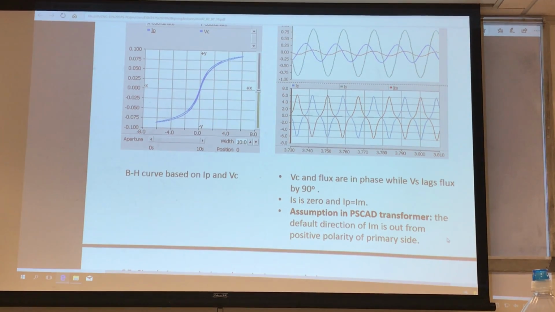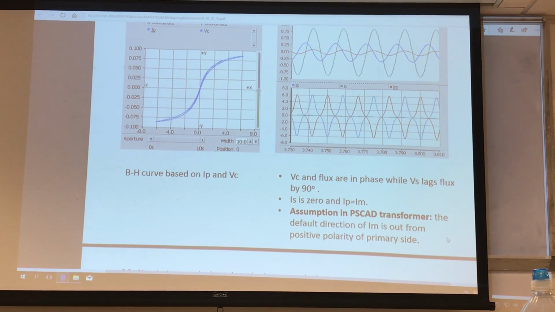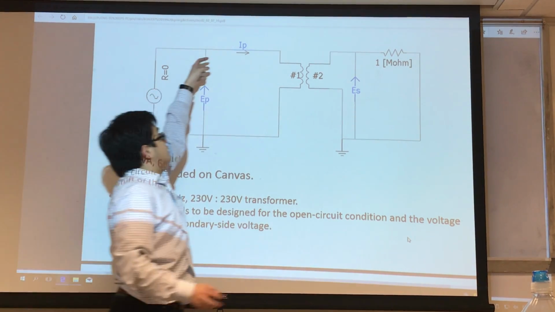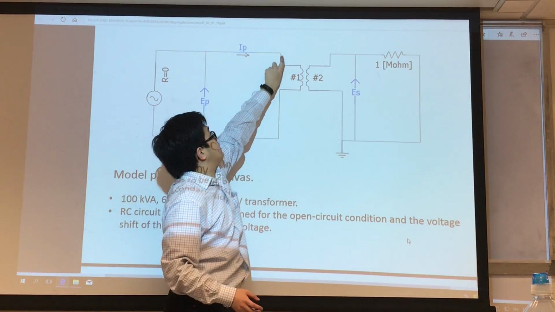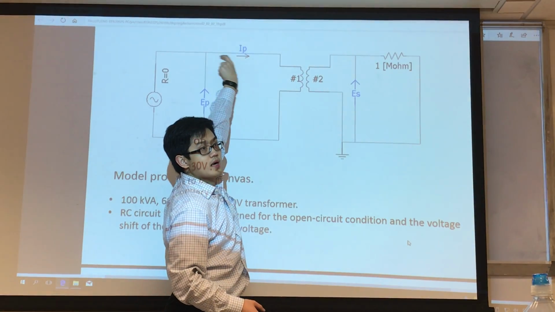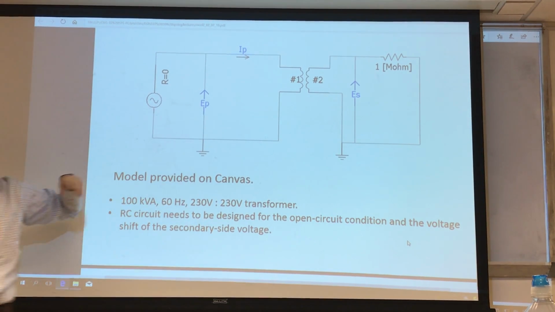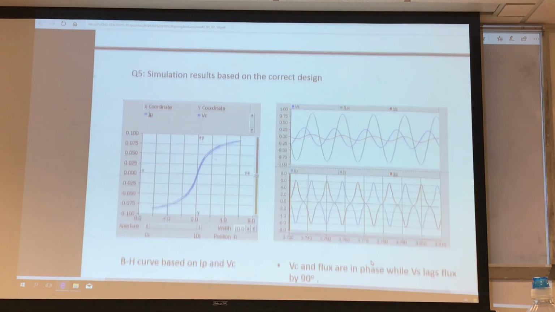The default direction of the IM is out from the positive polarity of the primary side. You measure the current this way, but this transformer measures the IM this way, which is the positive direction. So that's why you have a 180 degree phase difference.